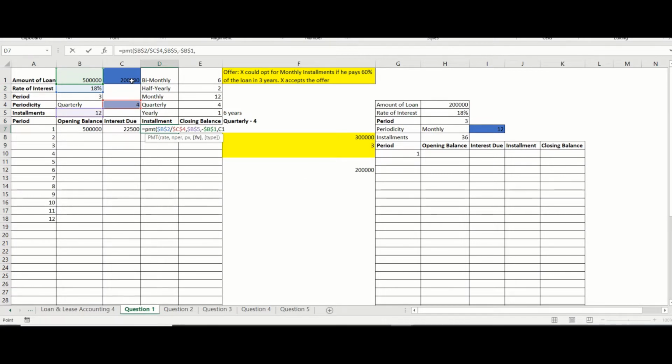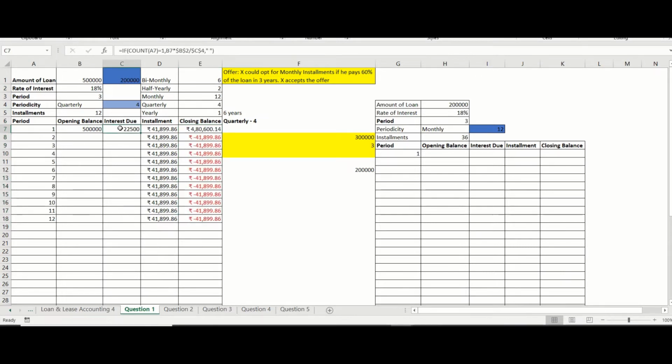Now this 2 lakhs will be my future value, and this will not be negative because it is an incoming amount. Future value हमेशा positive होती है. Present value is an outgoing amount, that is why it will be in negative, right? Got my installment amount. I'm going to drag this down. Closing balance is opening balance plus interest minus installment. ठीक है?